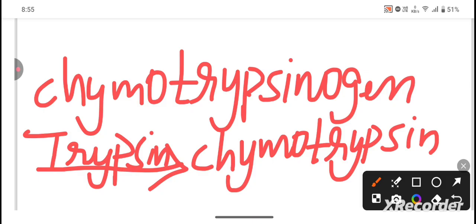So this is how the activation of enzymes happens in the stomach due to the secretion of HCl, and HCl will be secreted by the gastric glands of the stomach.